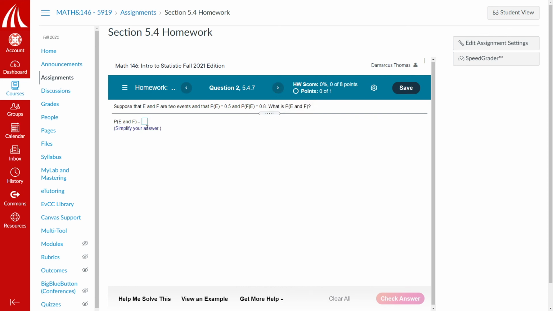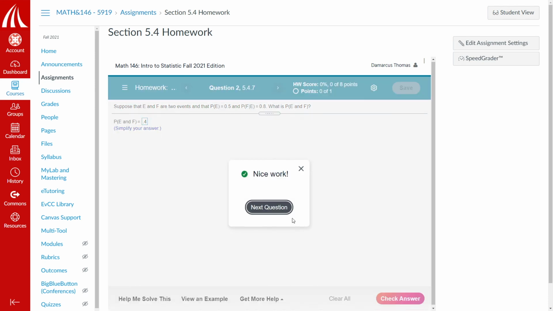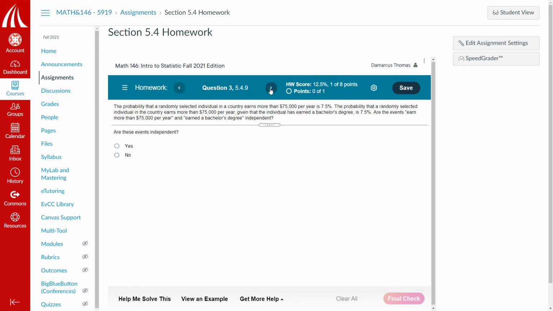This is a similar question, but this time it's the probability of E and F. So we would just multiply these two, so I would get 0.4. Let's check it. It's good.